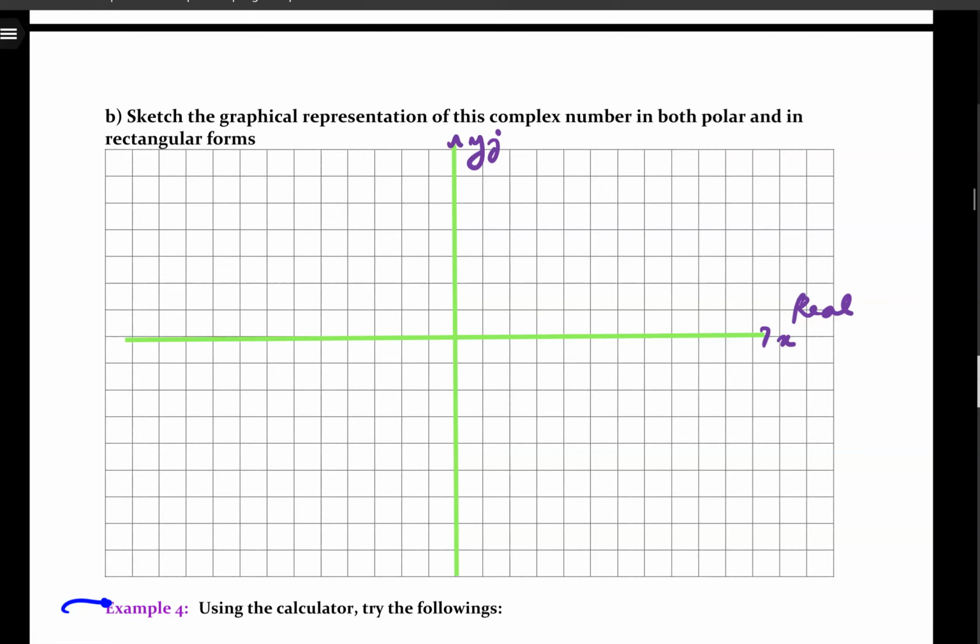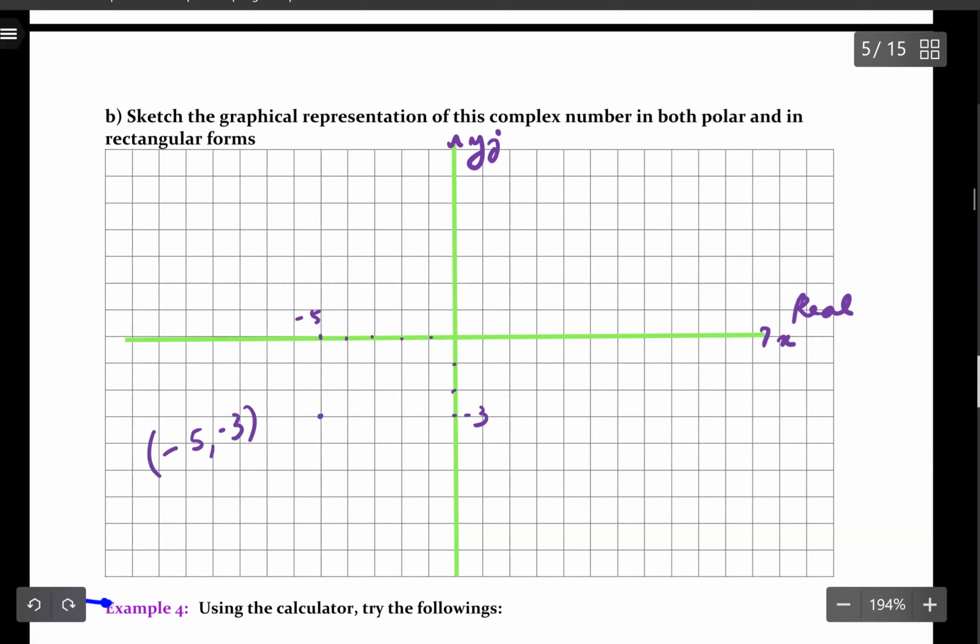If you have negative 5 and negative 3, your answer should be around here: 1, 2, 3, 4, 5, negative 5, negative 3. So there is negative 3. Label this one as negative 5, negative 3. The complex number in rectangular form is negative 5, subtract 3J. So this is in rectangular form.